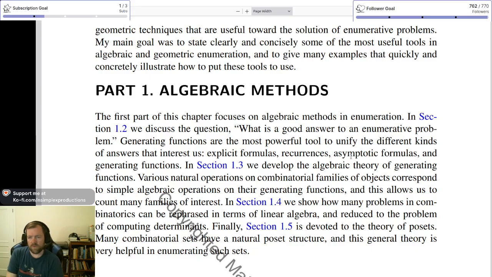In section 1.4, we show how many problems in combinatorics can be rephrased in terms of linear algebra and reduced to the problem of computing determinants. As always, the mathematician's job is to reduce the problem to one that has already been solved.